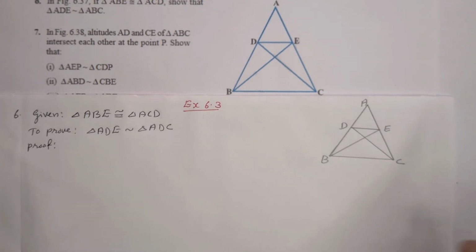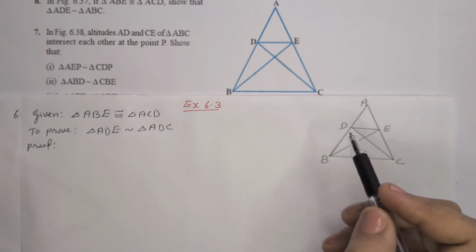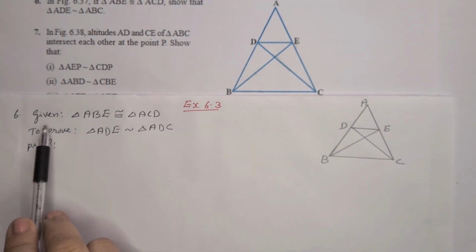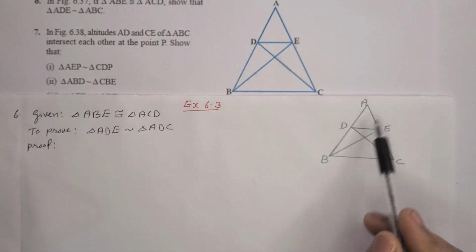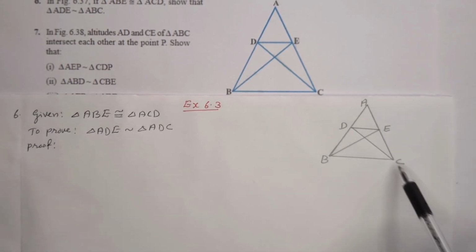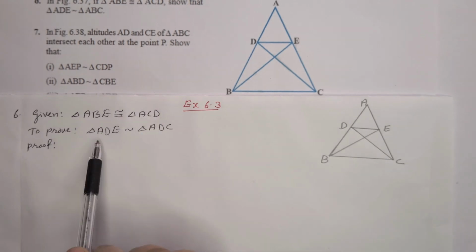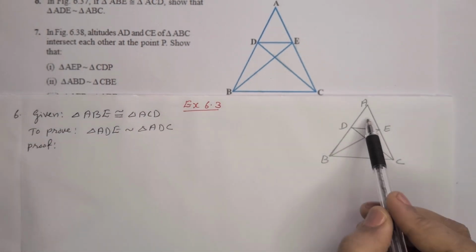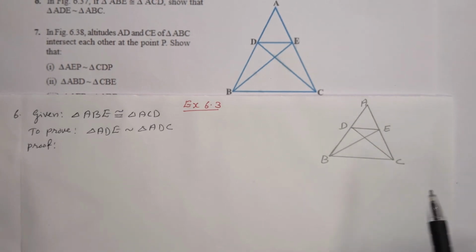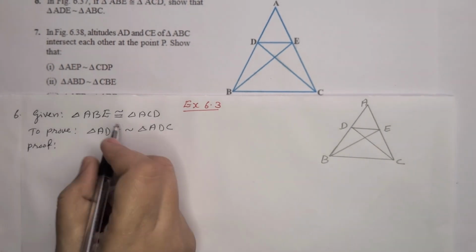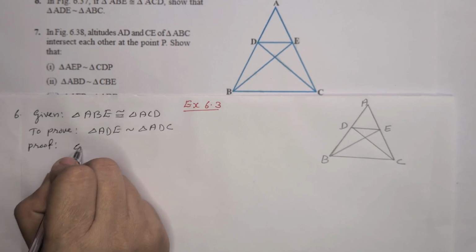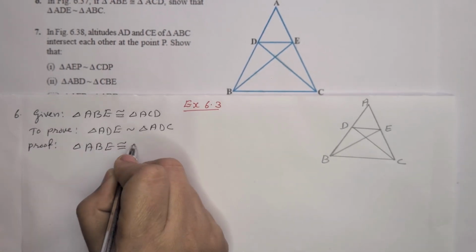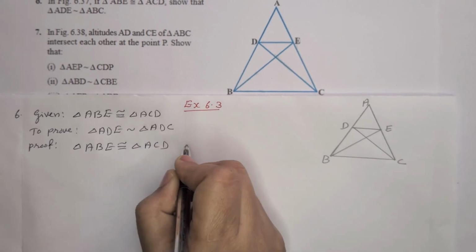Question number 6. In the given figure, triangle ABE is congruent to triangle ACD, that is given. Then show that triangle ADE is similar to triangle ABC, the small triangle ADE to ABC. Proof. First we write what is given. Triangle ABE is congruent to triangle ACD.